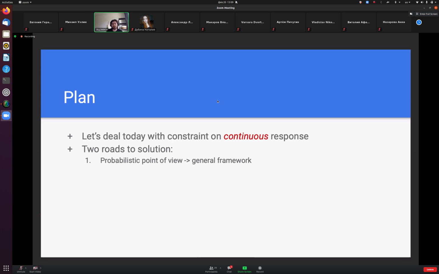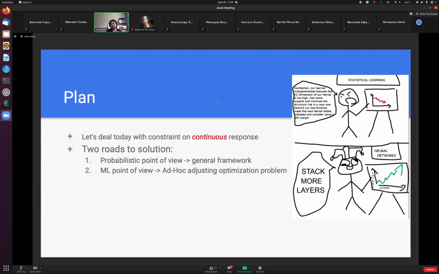Okay, so we have two roads to a solution, how to break the constraint on continuous response. The first one is a probabilistic point of view, and it gives us a general framework. We could develop it further and find a way to impose this constraint on any restricted domain of our target variable, not only for classification. The other is the machine learning point of view. It's somehow an ad hoc adjusting of the optimization problem that we solve.